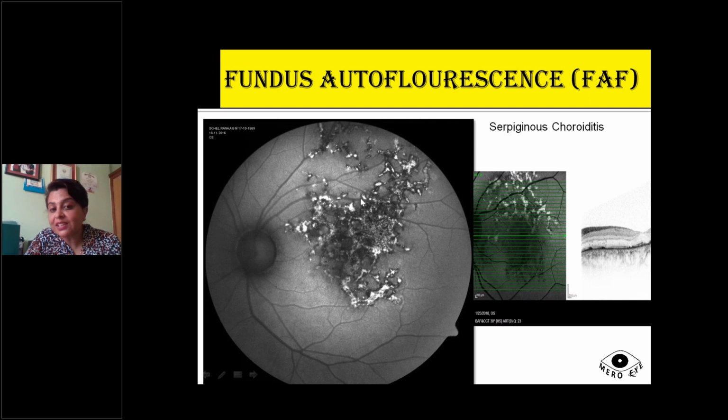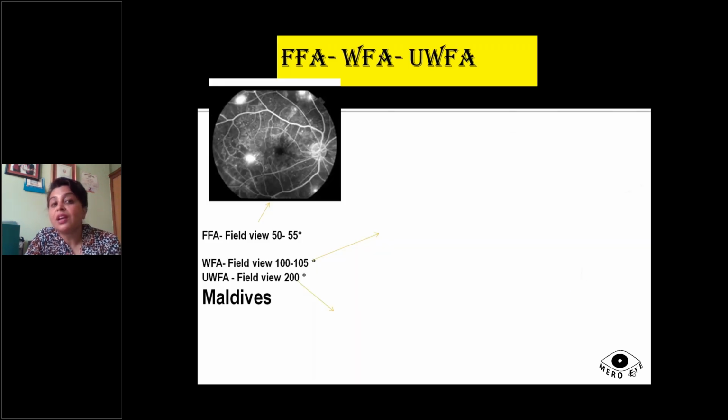These white areas show the new activity in serpiginous choroiditis. So with the help of this fundus autofluorescence, no dye, just one picture, you can say that yes, the disease is reactivating. You need aggressive treatment at this time.